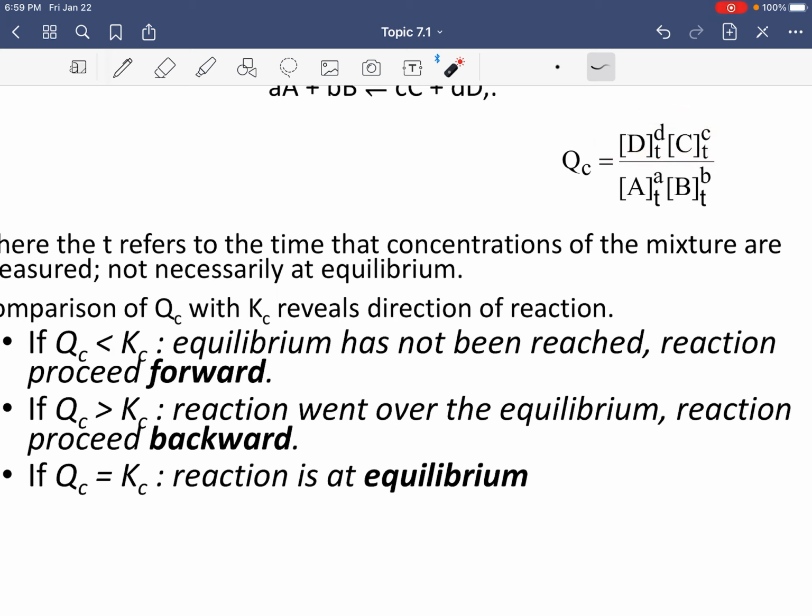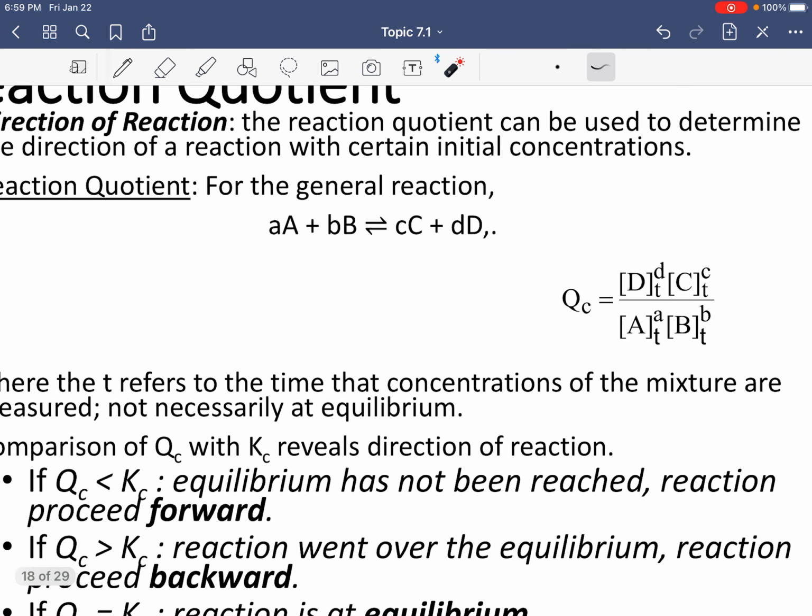That's why Qc is less than Kc. That means you are still trying to get there. The reaction is still proceeding forward. You are still trying to make more of these so you can get your Qc to Kc.